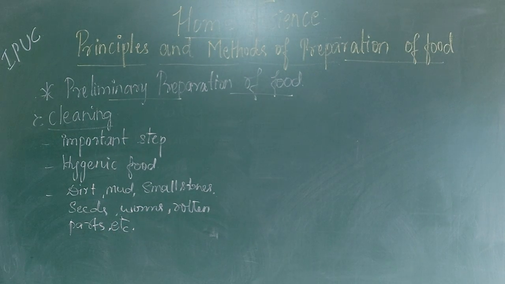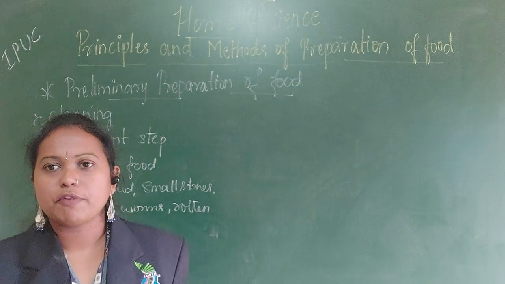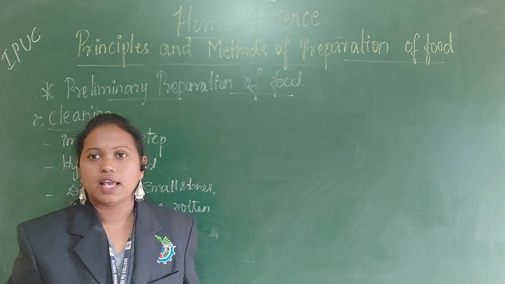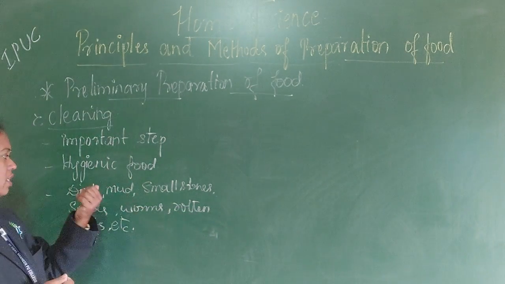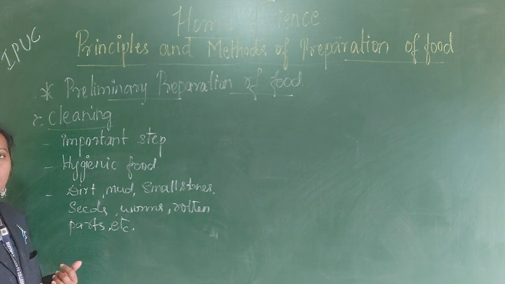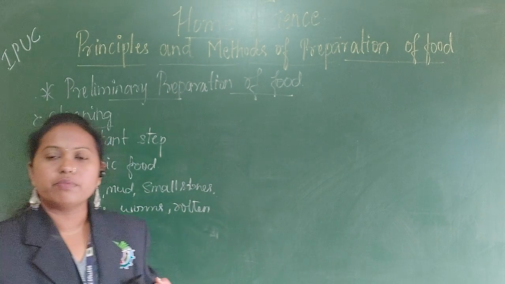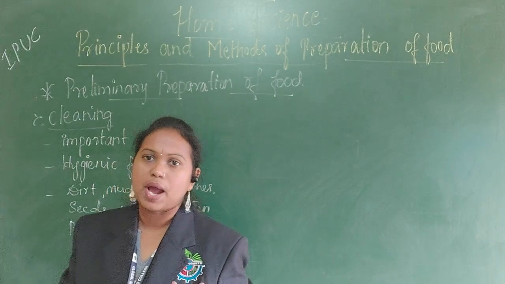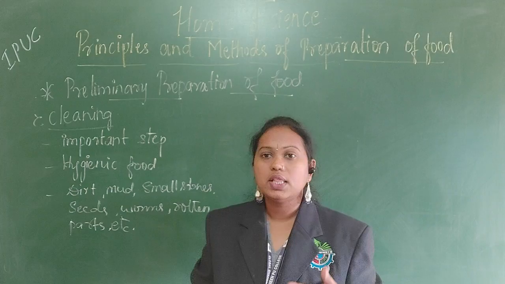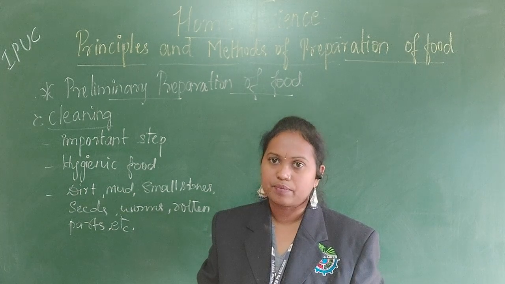See, the cleaning is a very important step, and this has to be followed to remove the unwanted substances like the small stones, mud, dirt, seeds, the pesticides, worms, insects, rotten parts, infested parts, etc. All these have to be discarded.